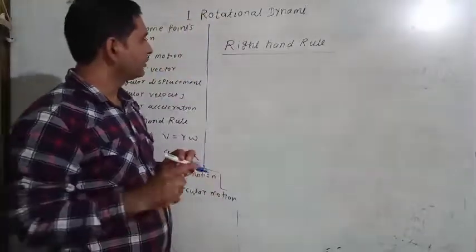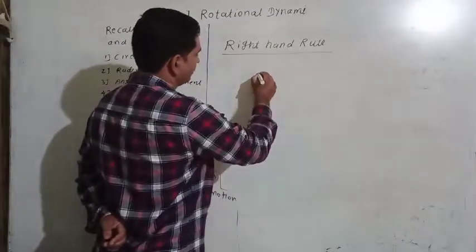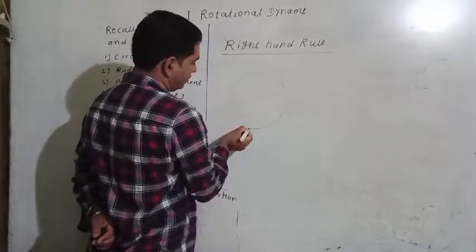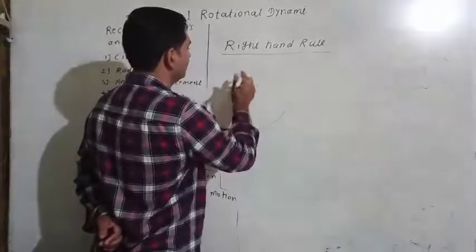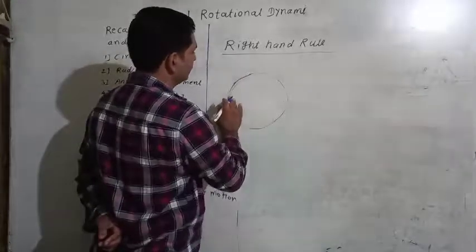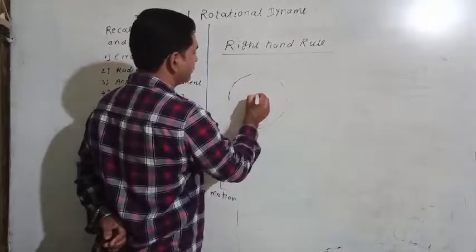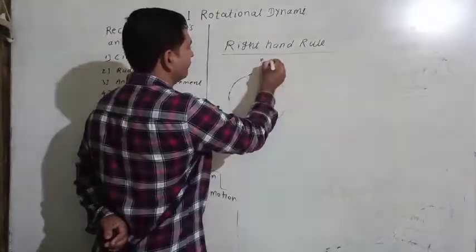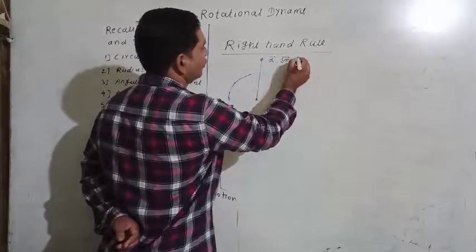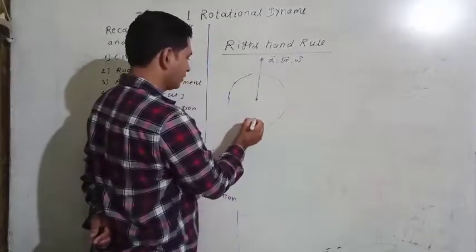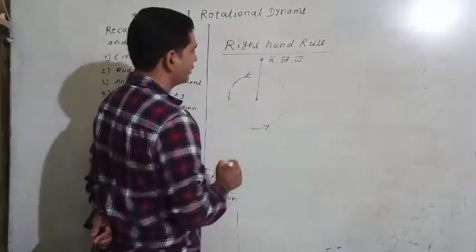Suppose here we draw a diagram. Suppose we consider a circle here. This is the center point, and this is alpha, del theta and omega, and it is performing in an anti-clockwise direction.